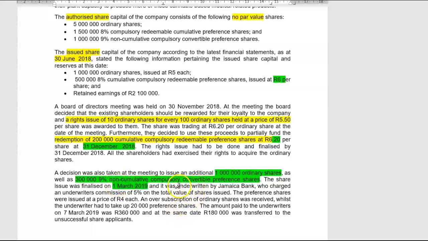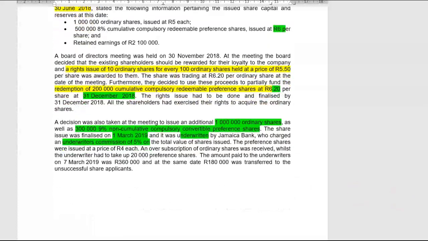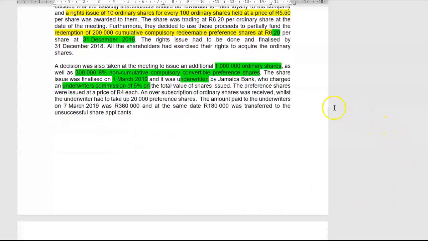and it was underwritten by Jamaica Bank, which charged an underwriter's commission of 5% on the total value of the shares issued. The preference shares were issued at a price of R4 per share.